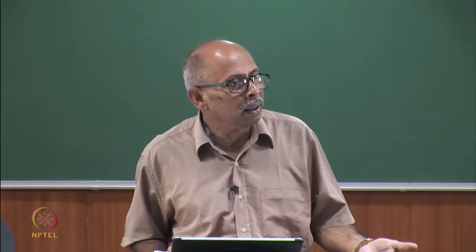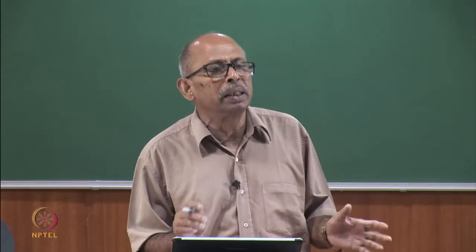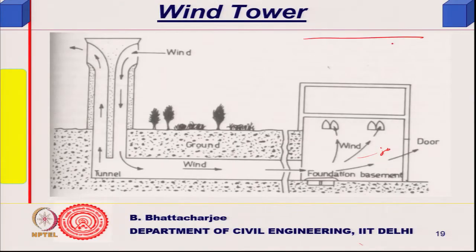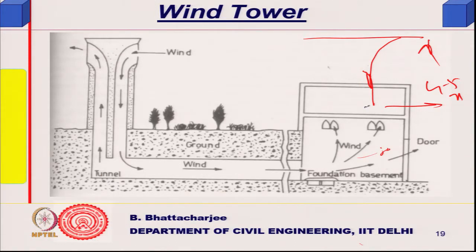Below 4 meters down, it remains close to 20 degrees centigrade. So in summer, the surface temperature will be something like this, here it is 20, some constant value, and below 4 to 5 meters, it will not change. And in winter, it would be the other way round.